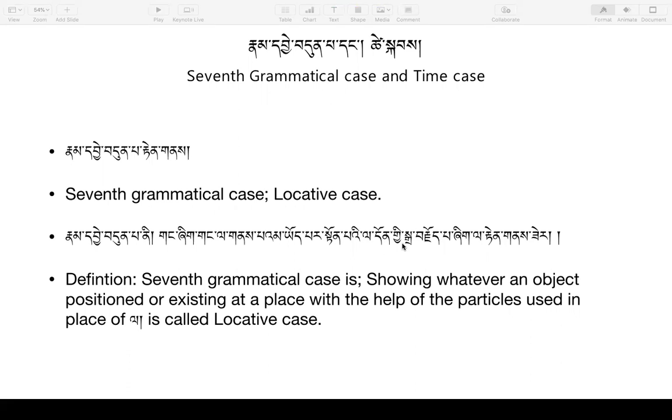And such a statement which uses the particle used in place of la to show the relation between these two things, the object and its position, is known as a statement of the seventh grammatical case, the locative case.